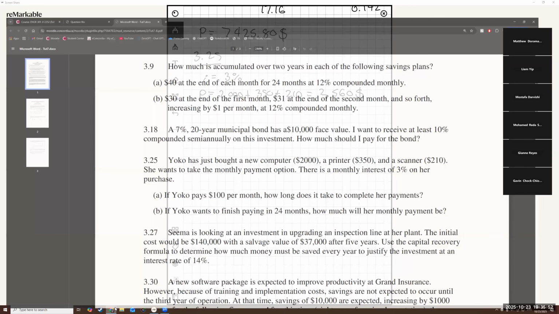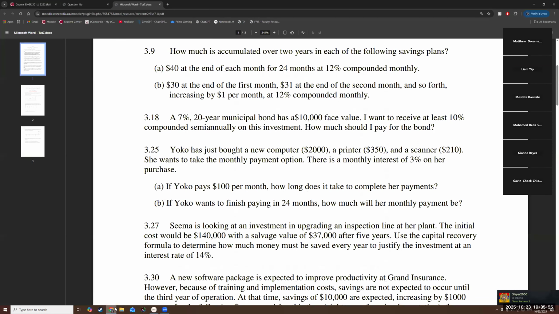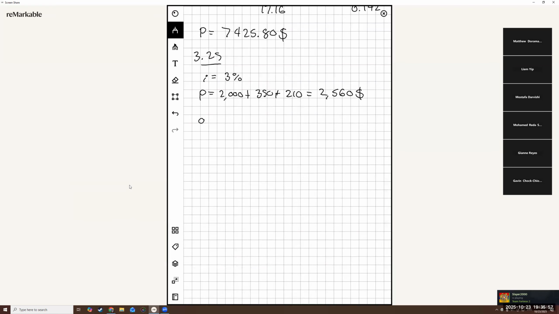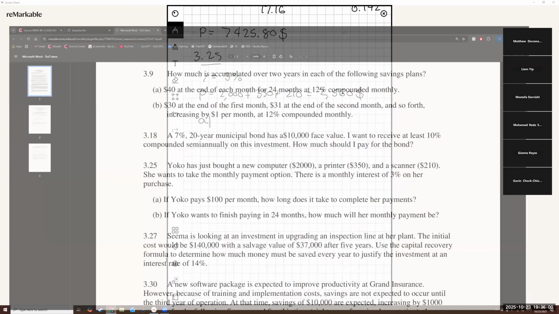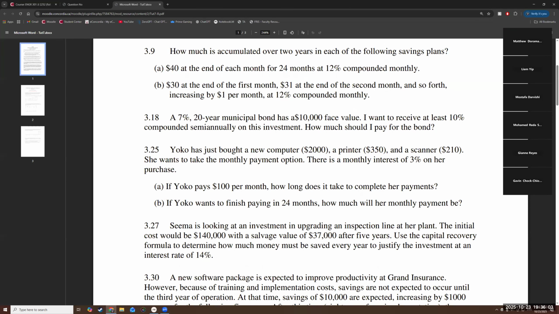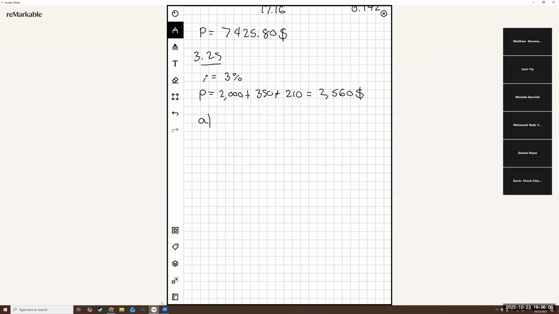Now, for part A, she wants to pay with $100 per month. And then it's asking how many months will it take to do that. Okay, so her annuity she's paying for is $100. So the question here is at 3% interest rate, how many months is enough for a $100 annuity per month to be equivalent to a present value of $2,560?